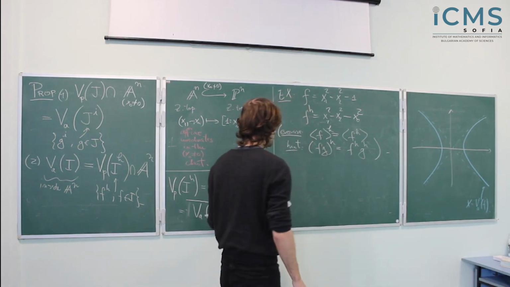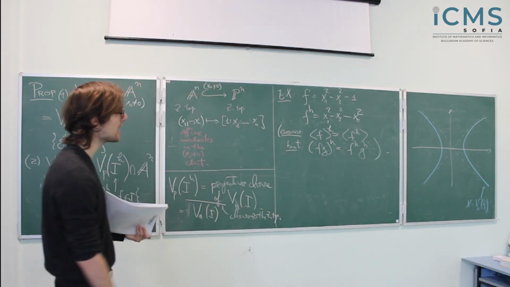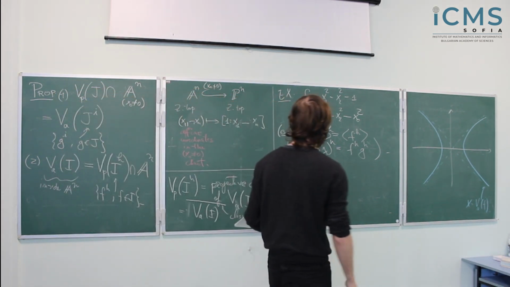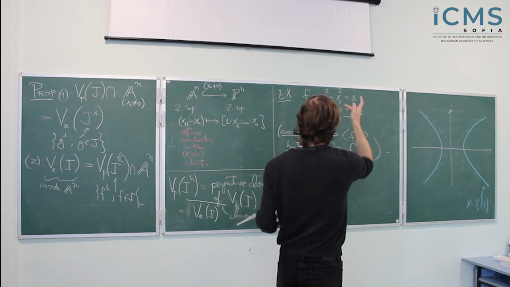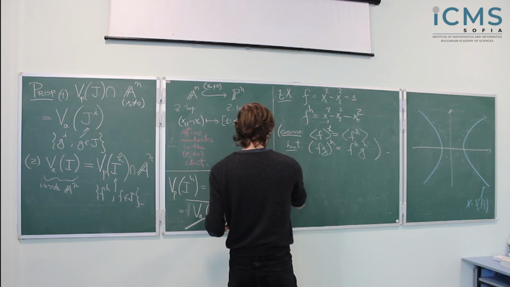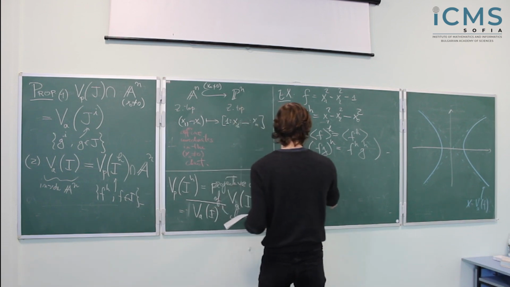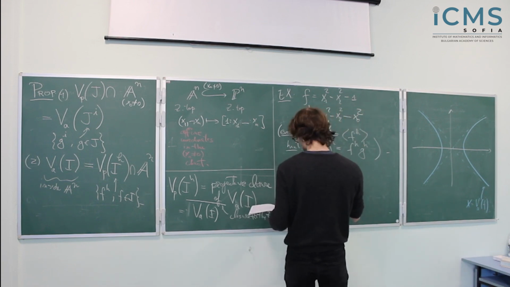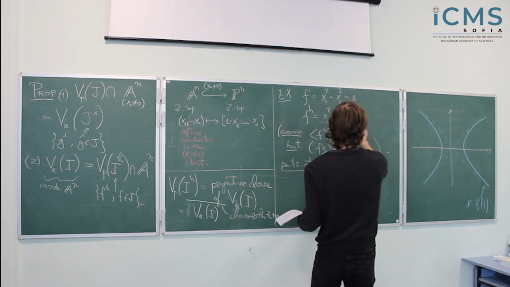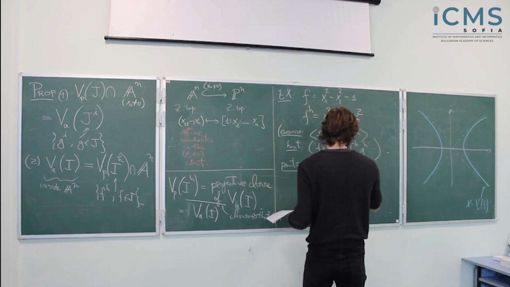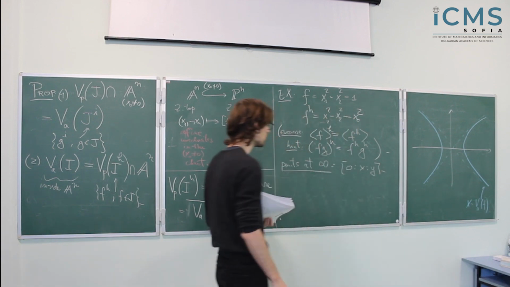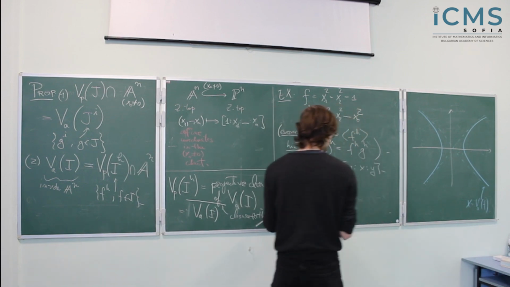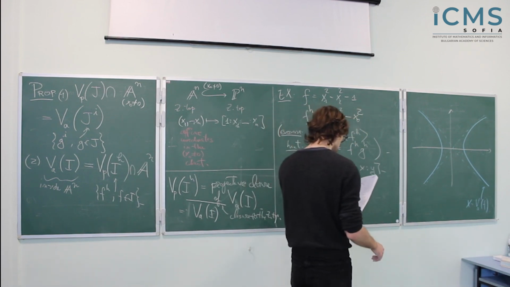Okay, so we have that, and we want to know what are the extra points we obtain by looking at the homogenization. The points at infinity are the points of homogeneous coordinates where x0 is equal to 0. So it will be the points of these types of coordinates. Of course, x and y should not both be equal to 0.